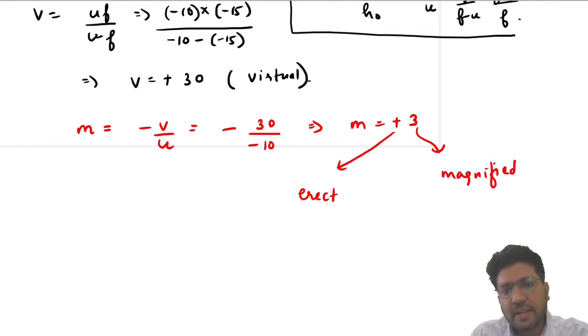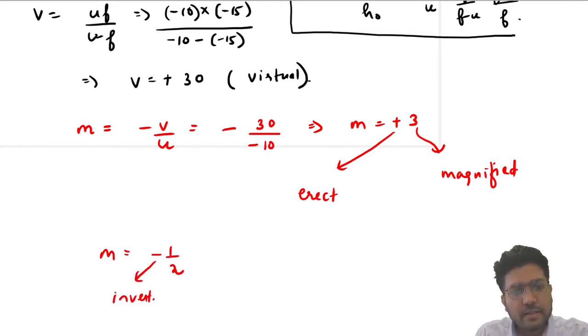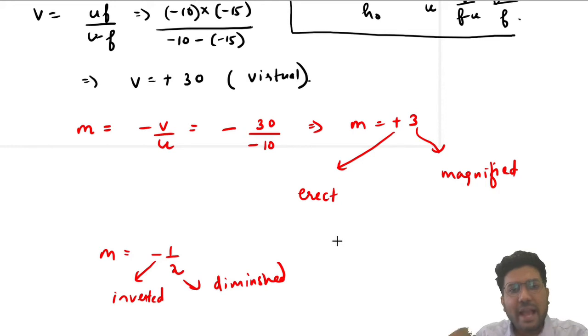For example, suppose m is minus half, then minus means inverted, half means diminished. So if the magnitude is greater than 1, magnified; magnitude less than 1, diminished. Plus sign erect, minus sign inverted. You know that for a real object, a virtual image is always erect, that is why we got erect.